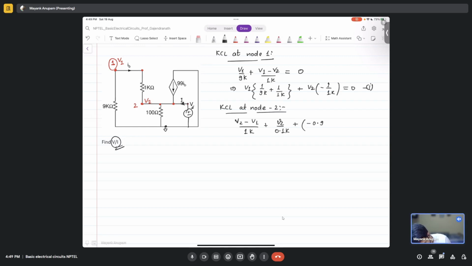Minus 0.99 times IB, right? It's a case of a current controlled current source, isn't it?